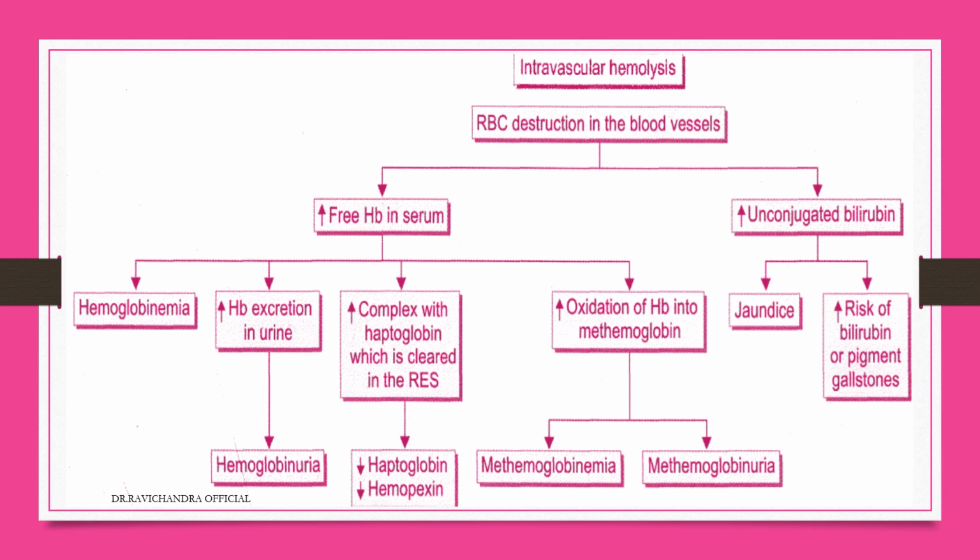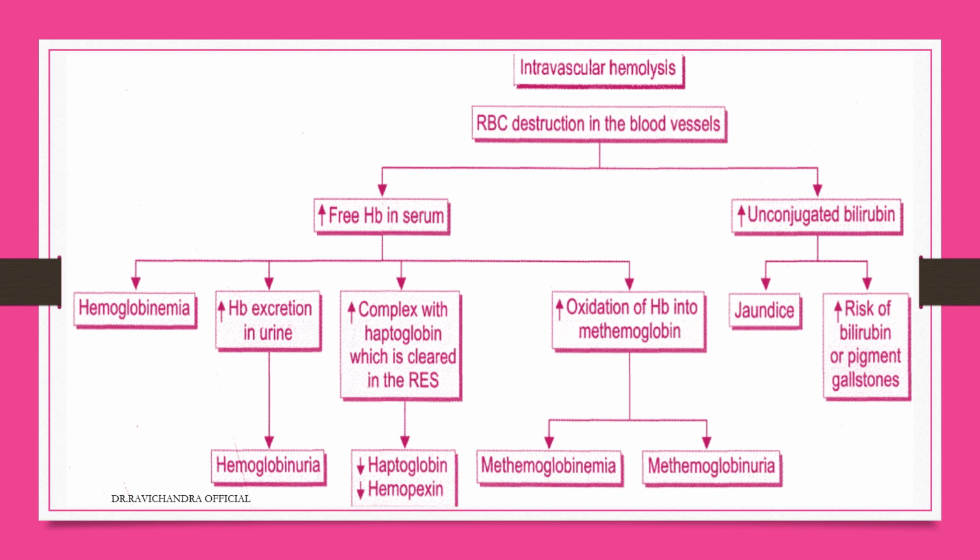In intravascular hemolysis, there is RBC destruction in the blood vessels, so there will be increased free hemoglobin in the serum that results in hemoglobinemia, and if it is excreted in the urine, it results in hemoglobinuria. The increased haptoglobin complex is cleared in the reticuloendothelial system. As a result, there will be decreased haptoglobin and decreased hemopexin. Increased oxidation of hemoglobin into methemoglobin will result in methemoglobinemia and methemoglobinuria.